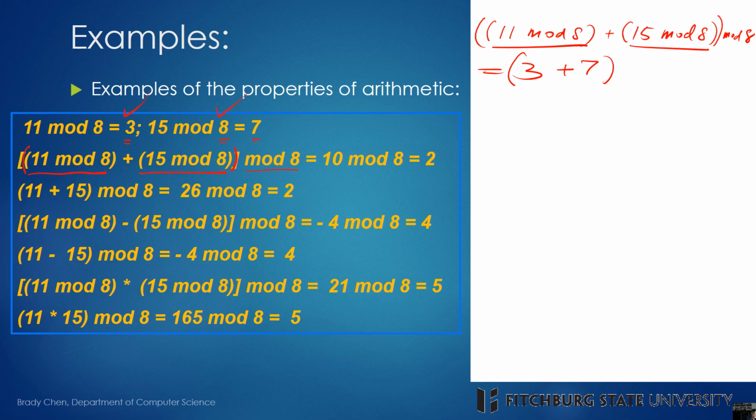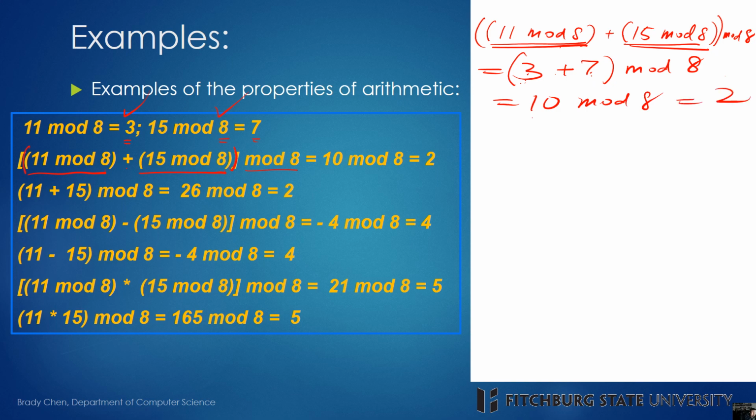So we replace this by 3 and this by 7. So it's 3 plus 7 mod 8, and then we have 10 mod 8. Now what is this? This is 2.